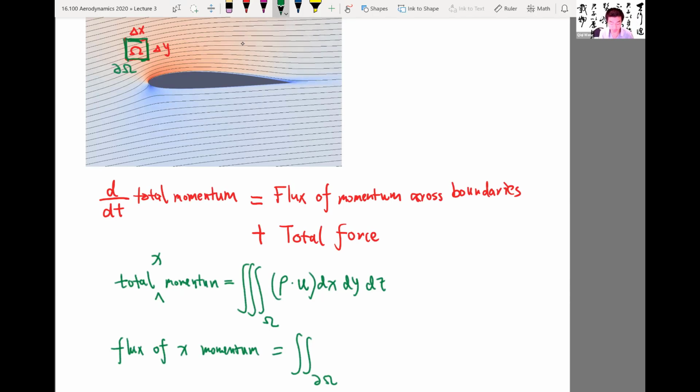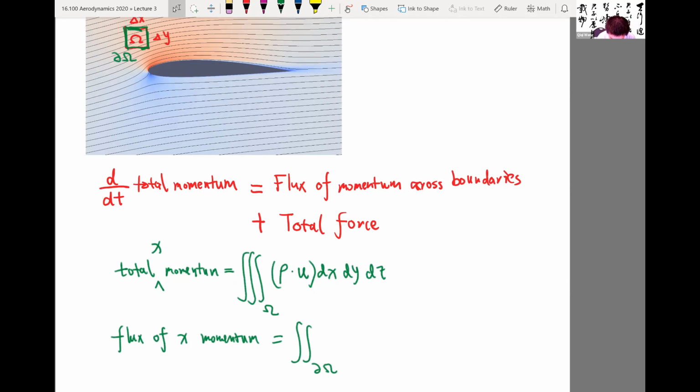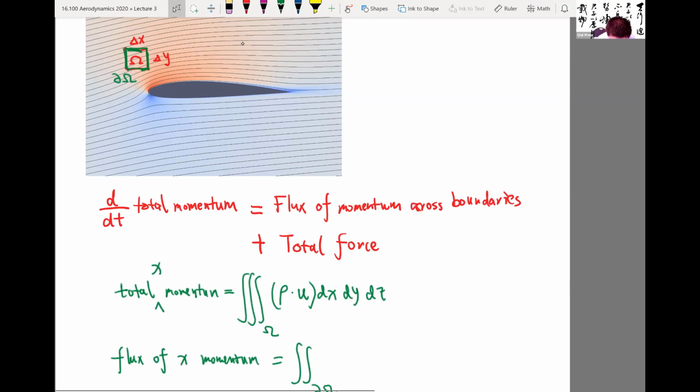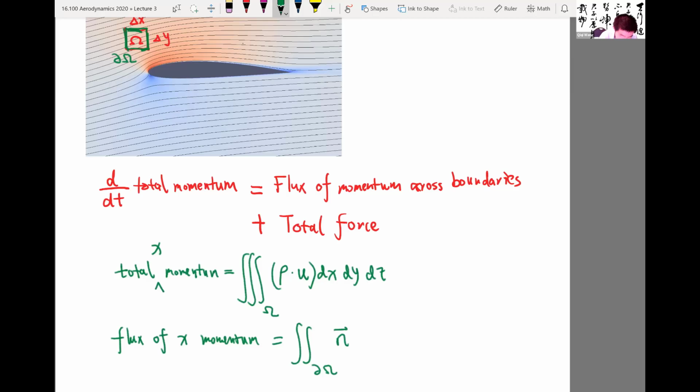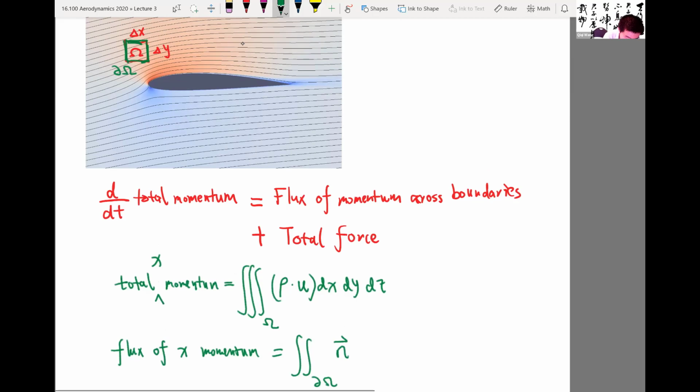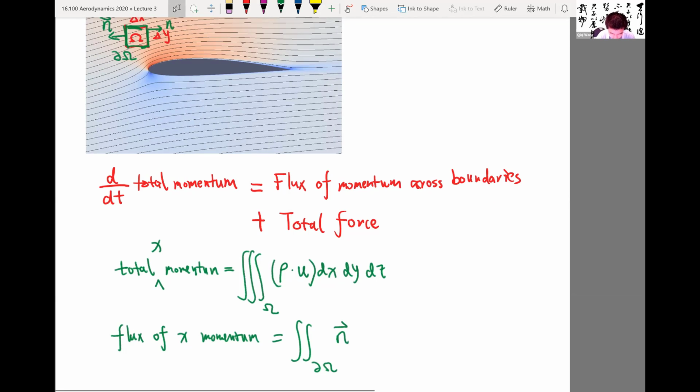It's the boundaries of omega as a control volume. It is equal to the integral of the normal. Again, the normal here points towards the outside of the domain. So it points to the left on the left, it points towards the right on the right, and up on the upper boundary, and it points downward at the lower boundary.